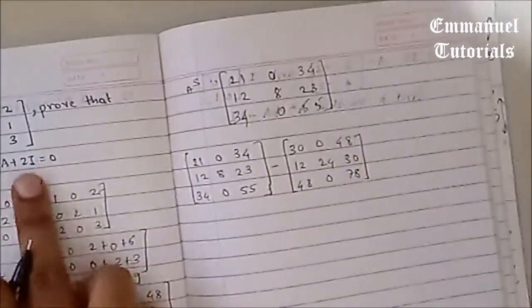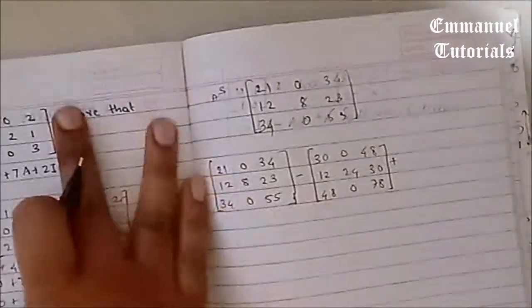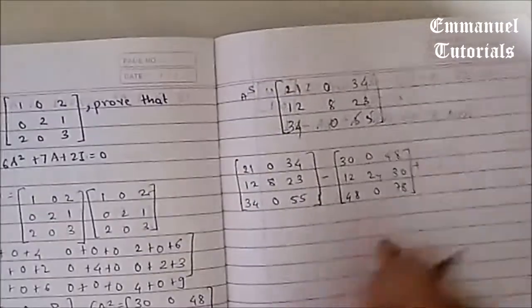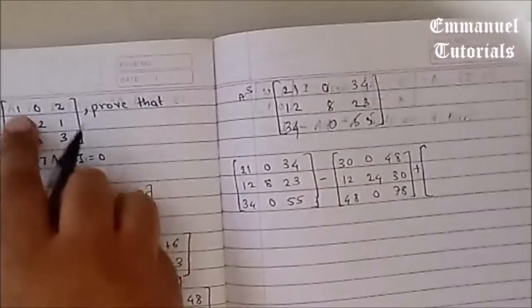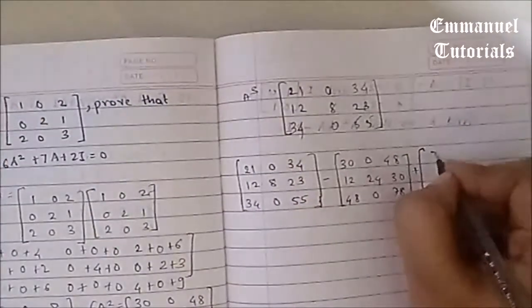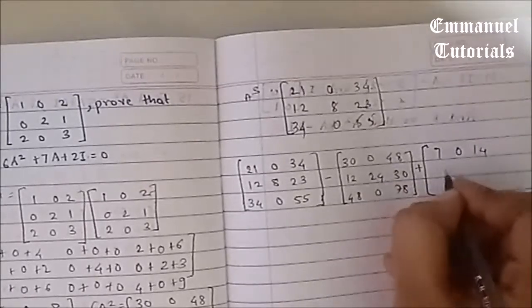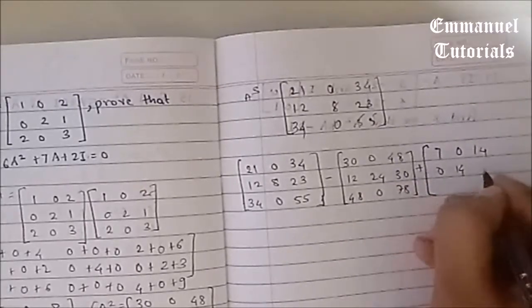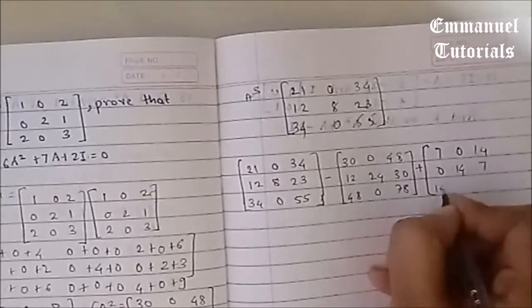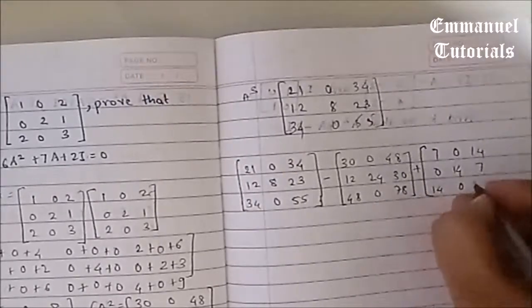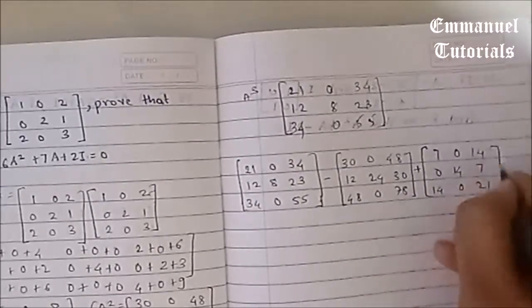Now we have to find out plus 7a. Plus 7a will be multiplication of a with 7, which we can easily find out. So it will be 7 into 1, which is 7. 7 into 0 is 0. 7 into 2 is 14. 0, 14, 7, 14, 0 and 21.